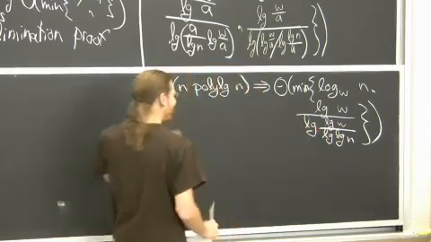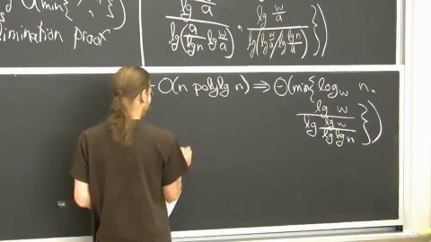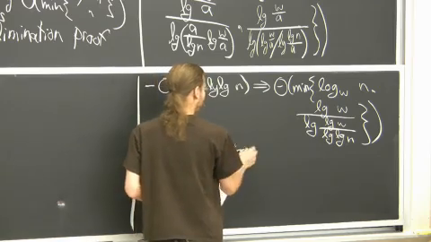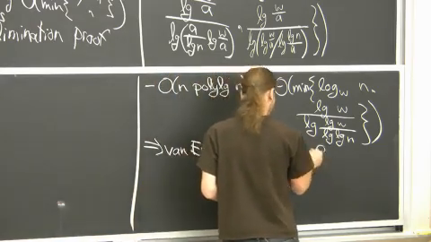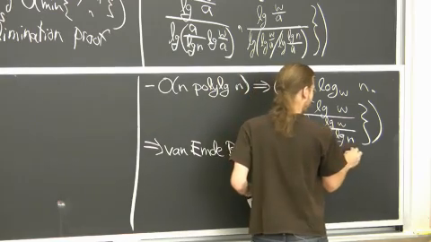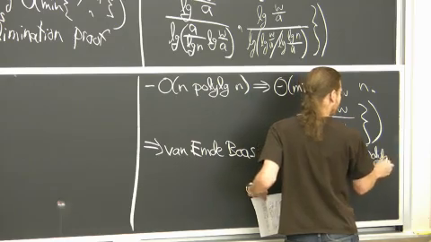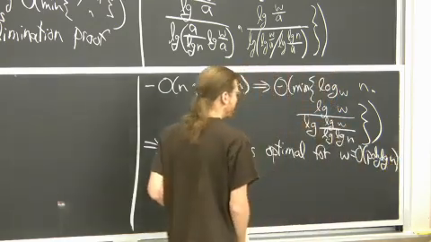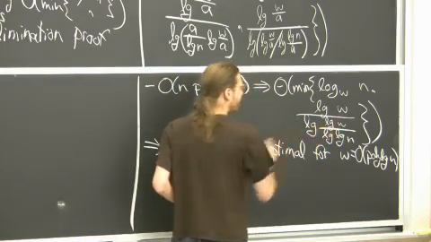Let me state another consequence of this, which is Van Emde Boas is optimal for w polylog n. Okay, that's when it gets log n performance. And so you can check, in that case, this term doesn't buy you anything, right?